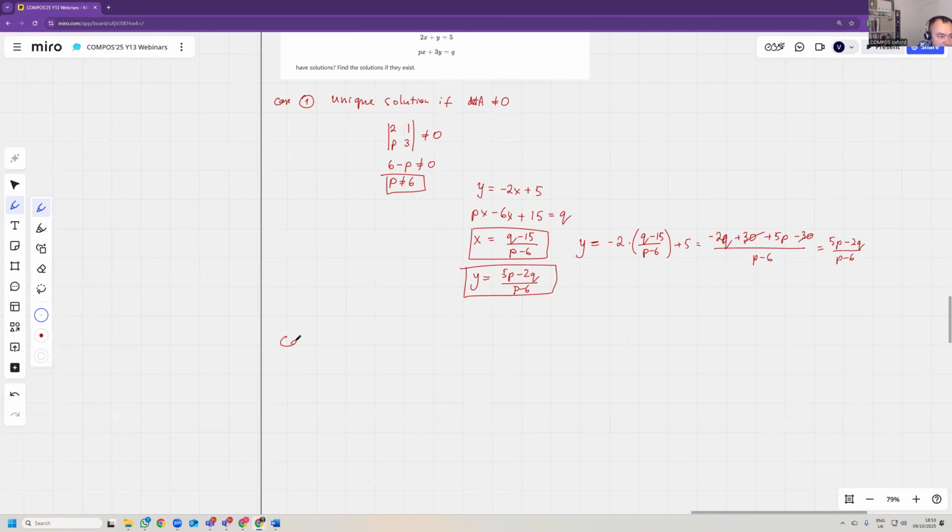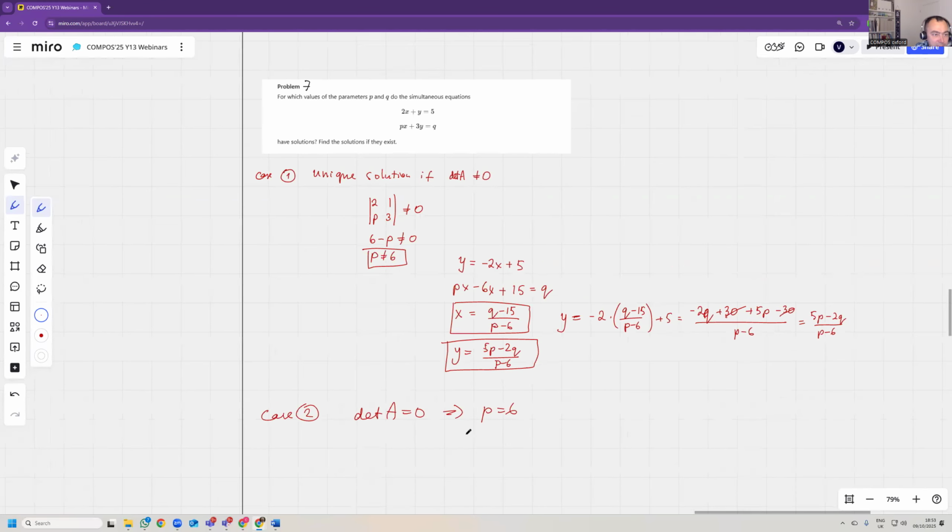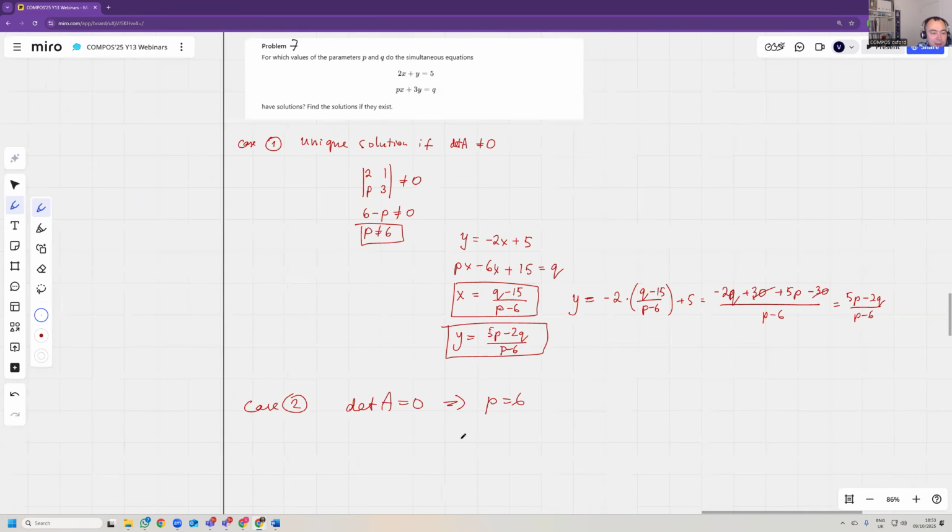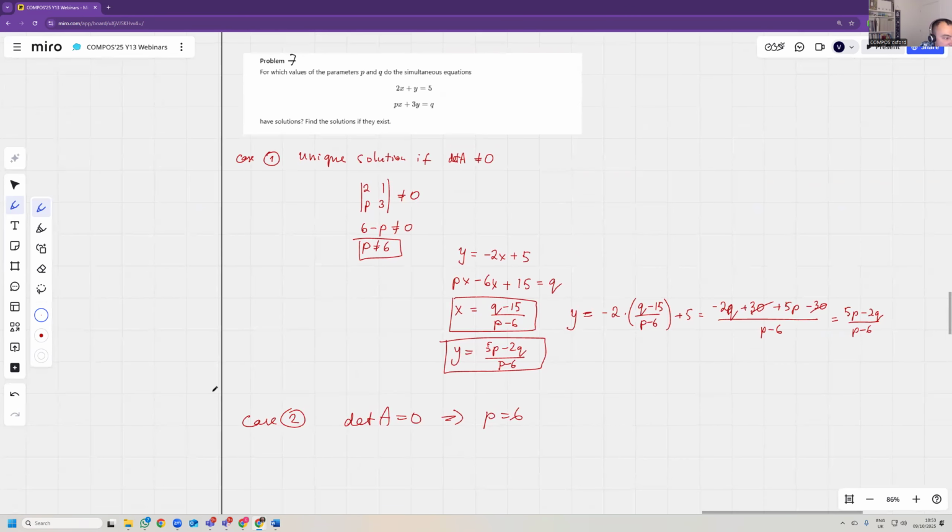Now, case 2. Case 2 is determinant A is 0, and in that case we already know that p is 6. So if p is 6, then we have to have a look at the equations. So we have 2x plus y equals 5, 6x plus 3y equals q.